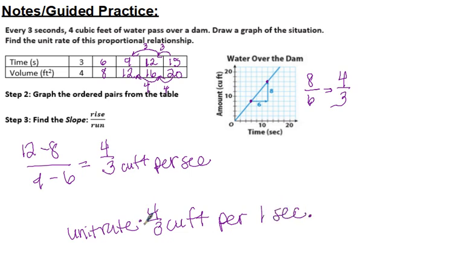So I just take the slope and then say per 1, whatever the second thing is. So the first thing was y, and so that's where I got cubic feet, right? Cubic feet. And then per, and my second quantity has to be 1, so I put 1 second. So the slope's 4/3, but the unit rate would then be 4/3 cubic feet per 1 second, because I need that second quantity to be 1.